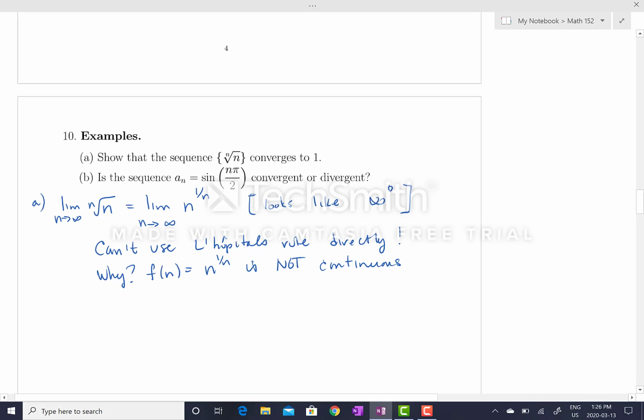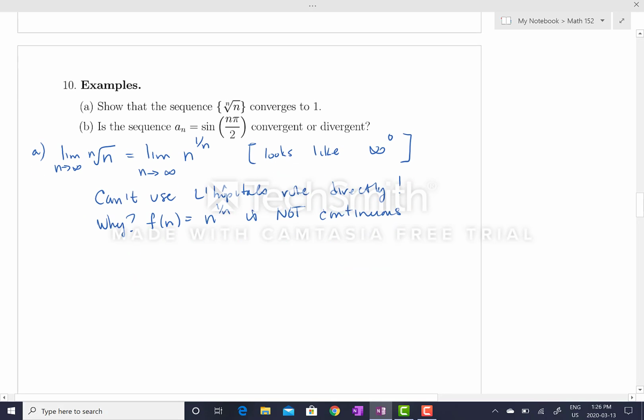Okay, so what do I do? I basically have to fall back on the theorem that says, let me look at the equivalent function defined on all of the real numbers. Let me use that to figure out what's going on, and then let me go back and extract the data just at the integers.